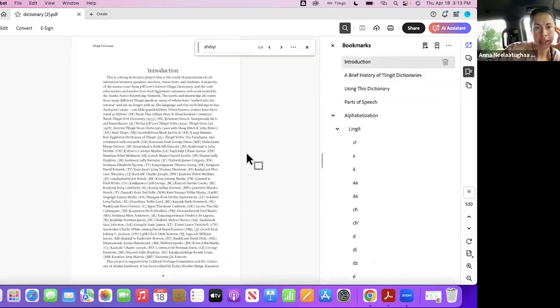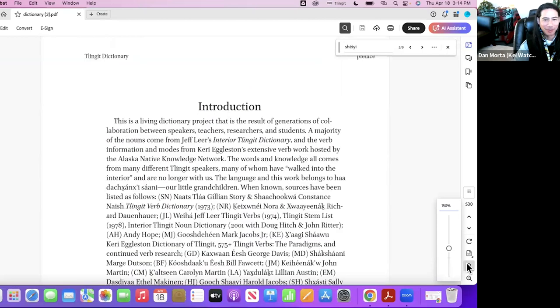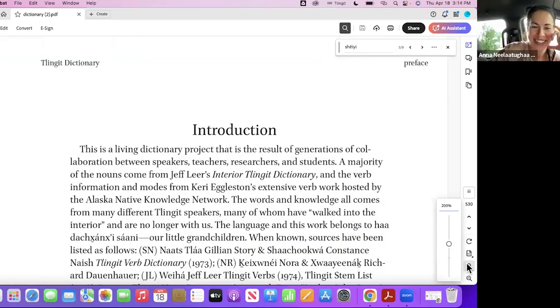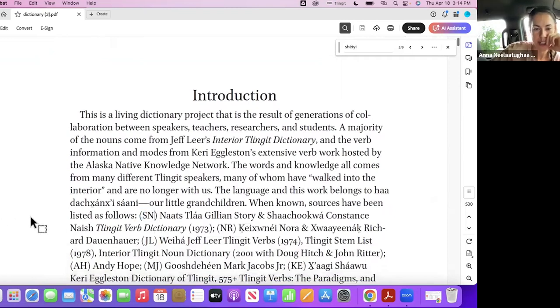Let's look really quick here. Now I'm curious. I gotta zoom in. Rabbit trails, rabbit holes. I know. SN is Natstla, Jillian Story, and Chautauqua Constance Naish. So SN is Story and Naish, who did the verb dictionary.